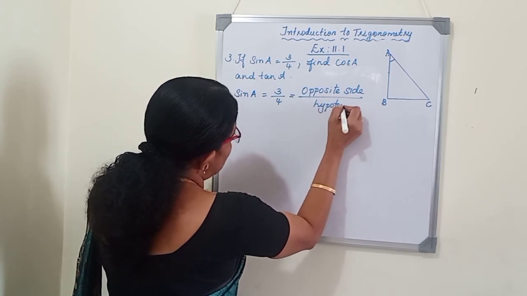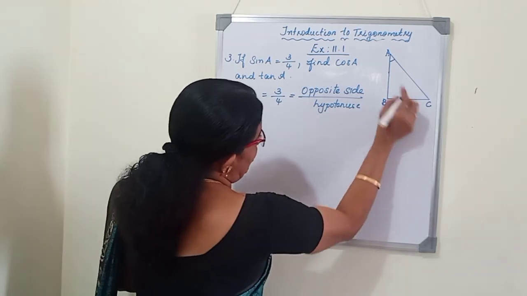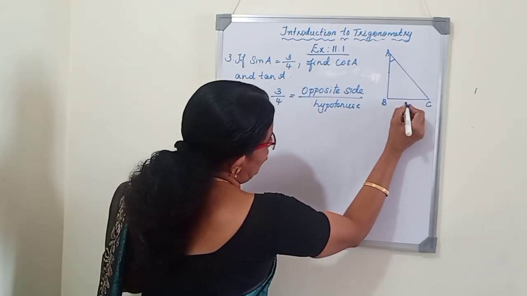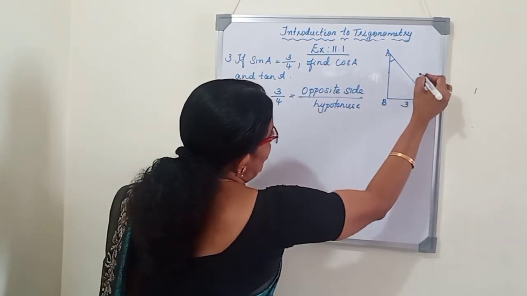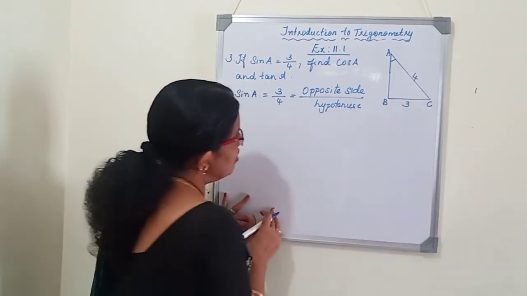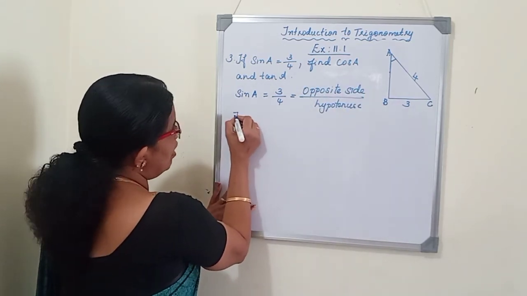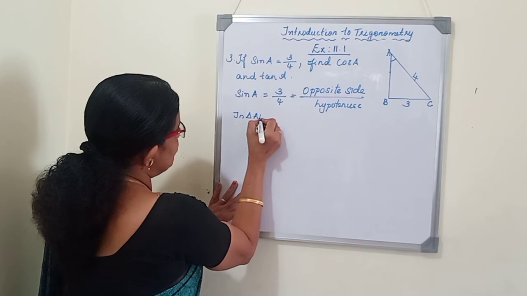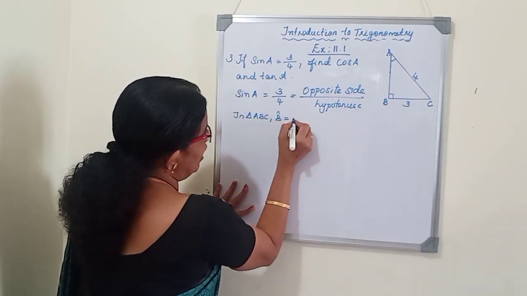Now, according to the formula, 3 is the opposite side. So, with respect to A, BC is the opposite side. Here you have to write 3. And 4 is the hypotenuse. We have to write AC as 4. Now, we will find out AB. Now, in triangle ABC, angle B is 90.